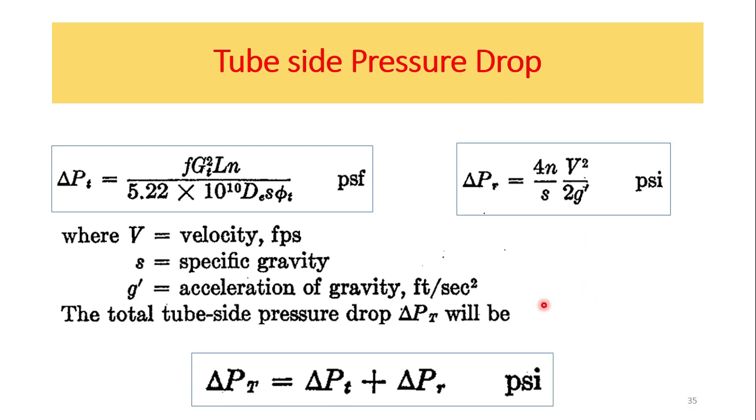This pressure drop is known as the return pressure drop, and it is determined by using this formula. Ultimately, the tube side pressure drop is determined by taking the summation of the pressure drop because of friction and the return pressure drop. After taking the sum of these two, you will have the total pressure drop in the tube side.